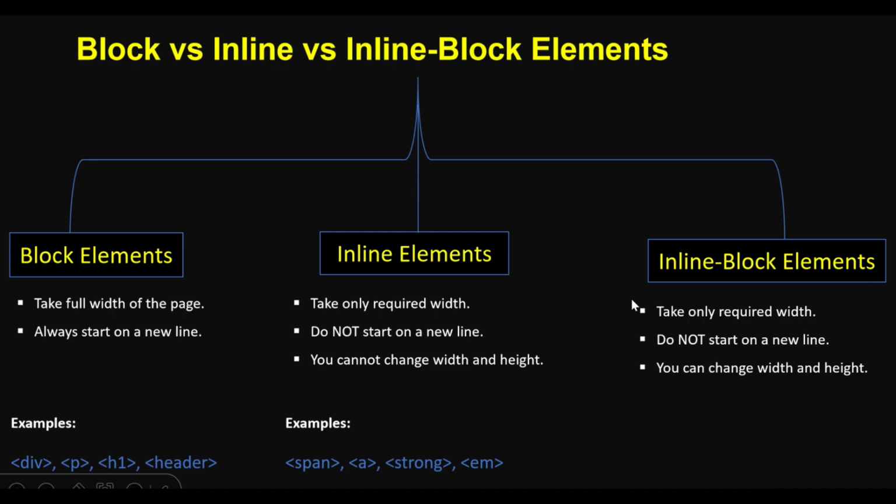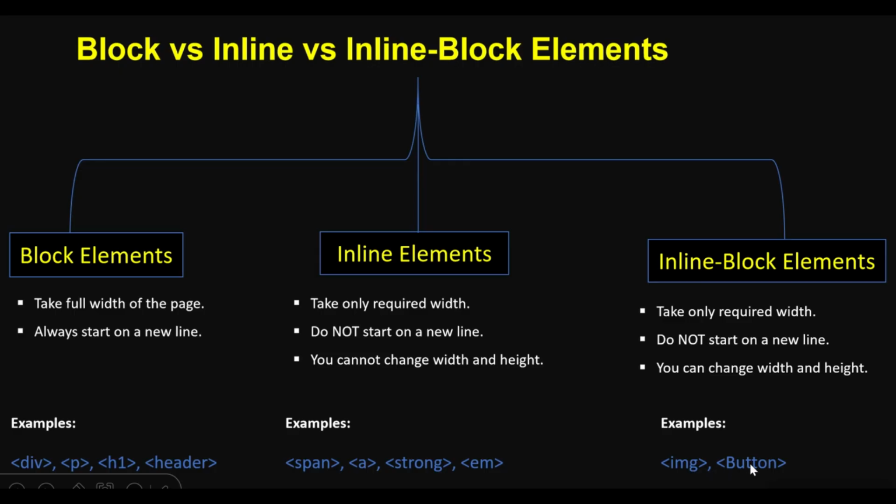For the inline elements, it takes only the required width like this and does not start a new line. But being a block element, you can change the width and height. So it has both properties of block elements and inline elements.